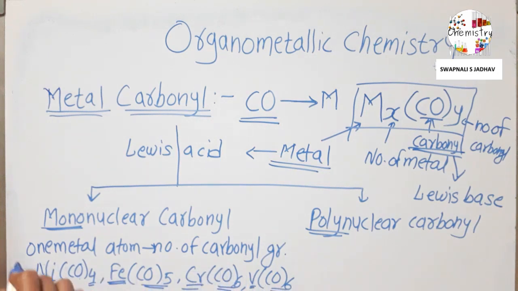So all these are examples of mononuclear carbonyls in which only one metal atom is linked to a number of carbonyl groups.